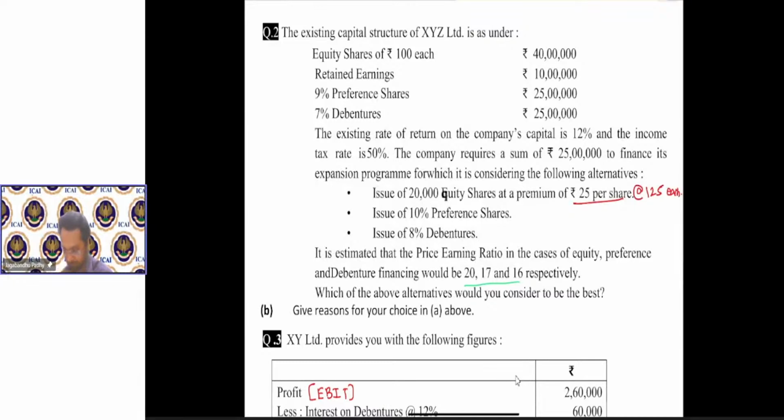Now, let me do it in a more intuitive way on Excel itself, because visually it's going to be quite appealing. Just give me a moment while I put up the Excel on the screen.